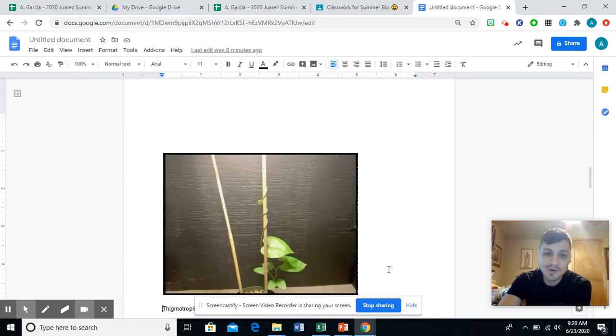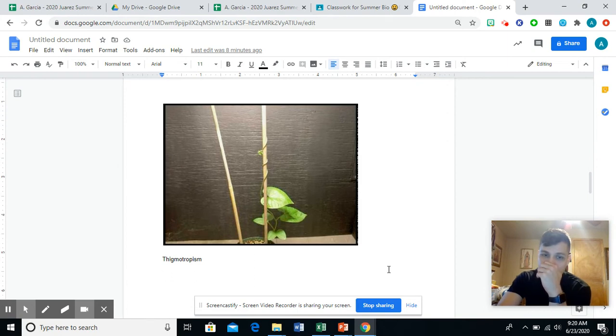The next type of tropism is stigmotropism. This one is the one that you're probably least likely to see because this involves plants that have vines. You can see them around here, but they're not as common. The plant responds to touch and grows towards the touch stimulus, so they'll wrap around it.